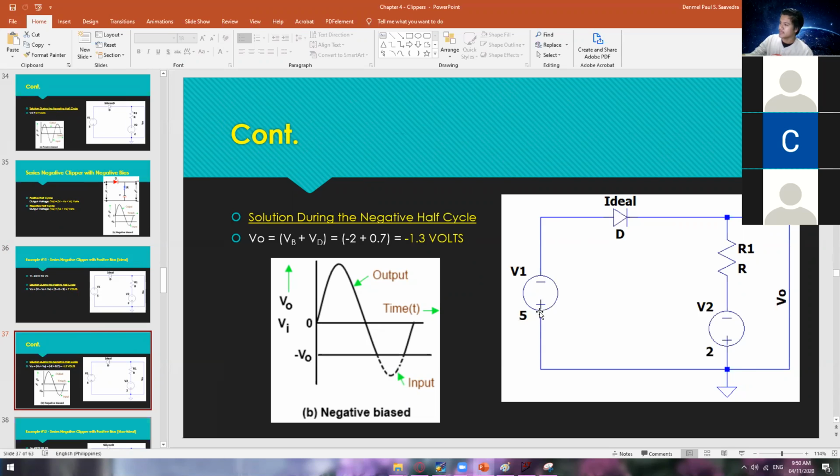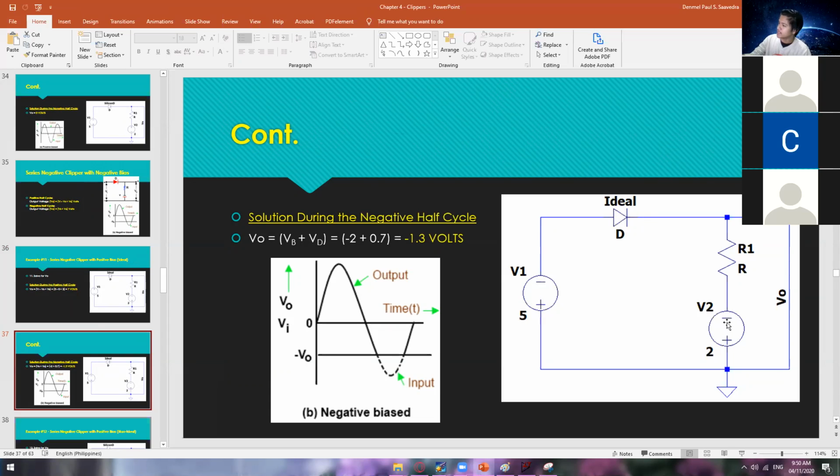Because our V sub I is greater than V sub B. The only time that our bias voltage will conduct is during the first 2 volts. Why? Because from the negative 3 volts onwards, V sub I is greater than the bias voltage. If this one is greater than the bias voltage, this will be in reverse bias.